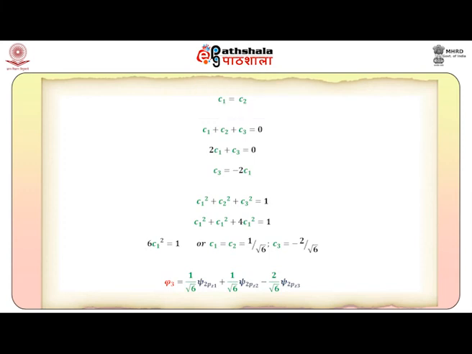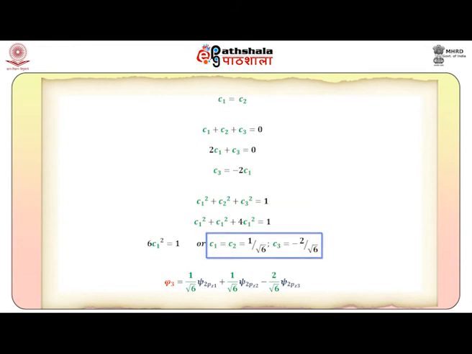But we have already learned that the sum of the squares of the three coefficients must be equal to 1. That means C1 square plus C2 square plus C3 square must be equal to 1. Therefore, substituting all these values, one is the normalization condition and second is that C1, which is equal to C2, is ultimately equal to 1 upon under root 6.